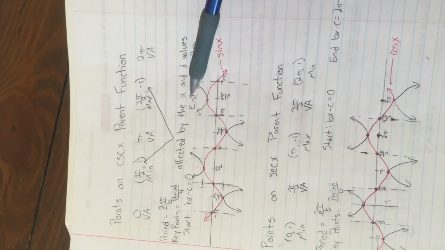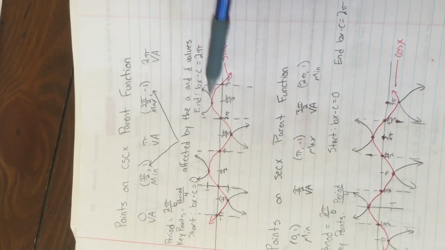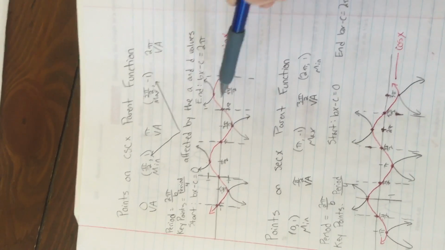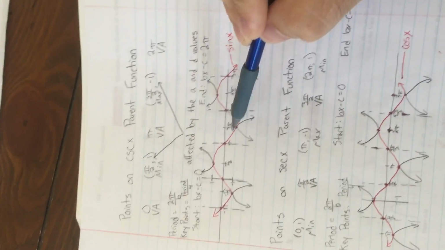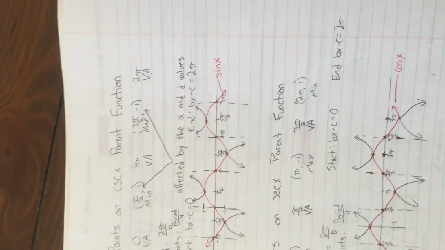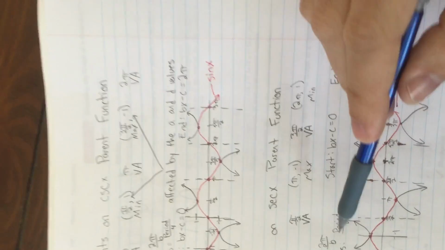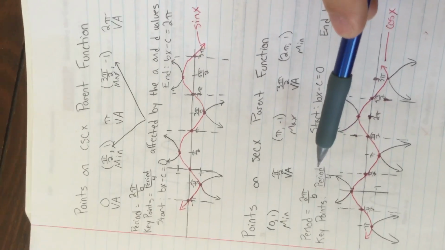And because it is the reciprocal of sine, we are still going to have these points here. Okay? These points are still going to be the same, but instead they are going to go up and down from those points.